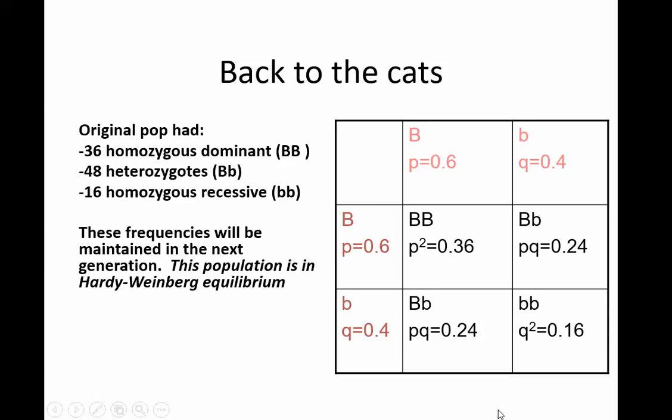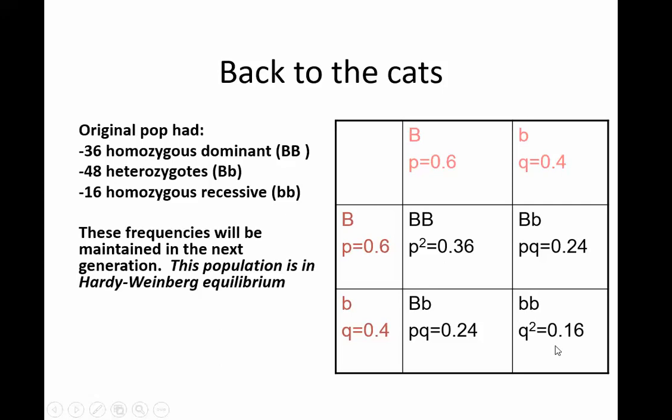So if we take a look at this population, this was what we started with. 36 homozygous dominant individuals, 48 heterozygotes, 16 homozygous recessive individuals, and we can see that those frequencies didn't change. So we still have a p squared of 0.36, we still have 2pq equaling 0.48, and we still have q squared equaling 0.16.